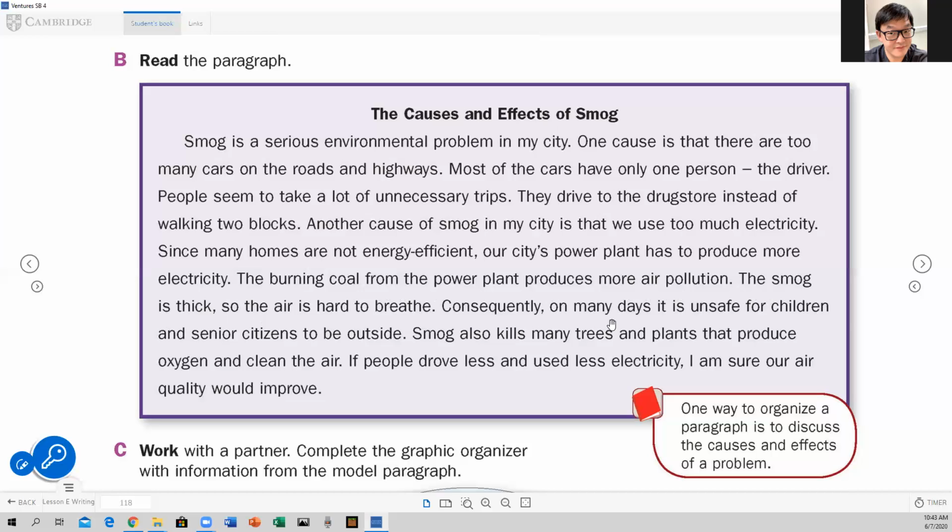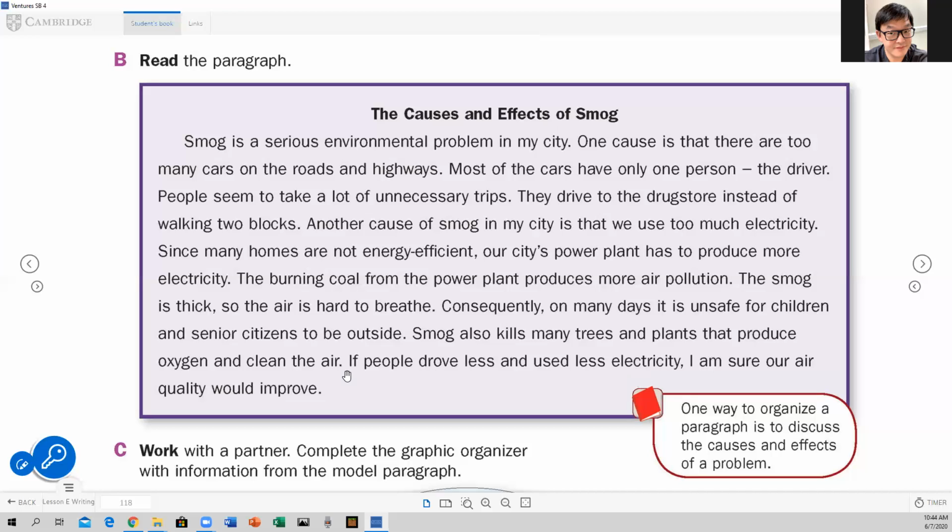Consequently, on many days, it is unsafe for children and senior citizens to be outside. Smog also kills many trees and plants that produce oxygen and clean the air. If people drove less and used less electricity, I am sure our air quality would improve.